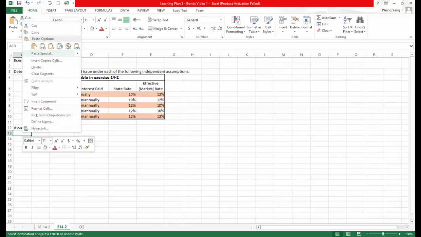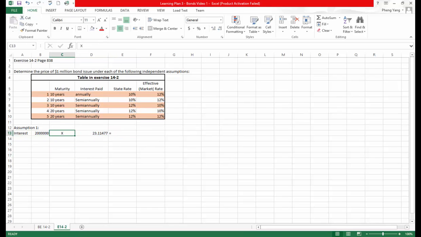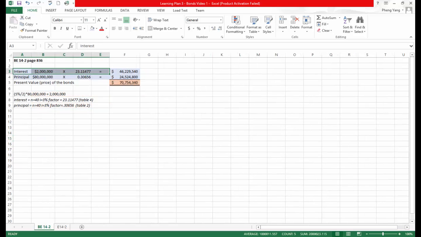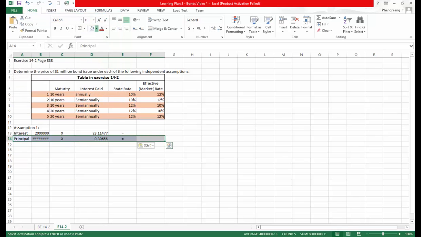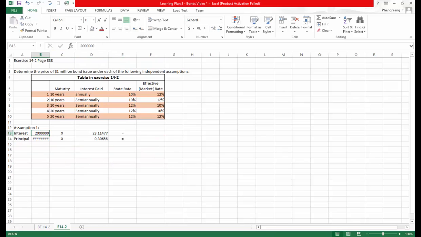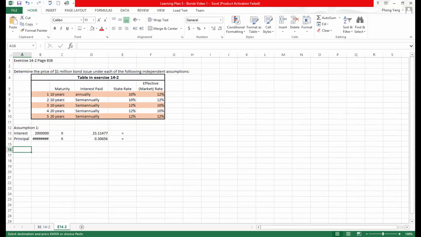Then the principal, let me copy that over too. For each scenario, I'm going to do the same thing, copying this over and changing these areas.